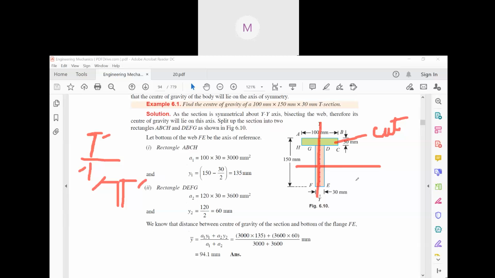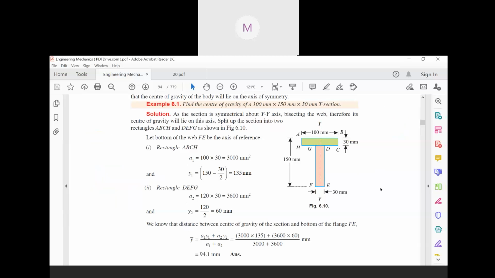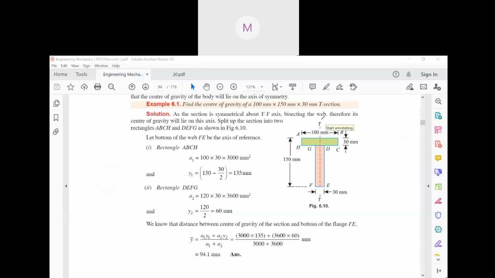So now if you pay attention, we'll first have to find out in which axis it is symmetrical. Now look, if you cut the figure here, it is symmetrical about the y-axis, right? This is the y-axis, yes or no? This is basic class 10 mathematics. So if you cut it by the y-axis, then it is symmetrical.